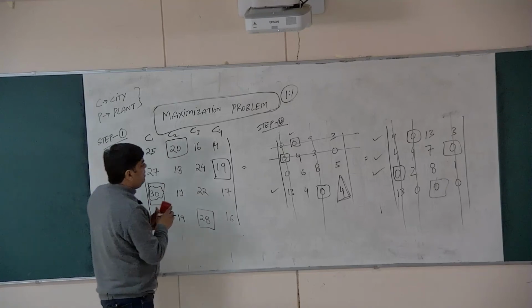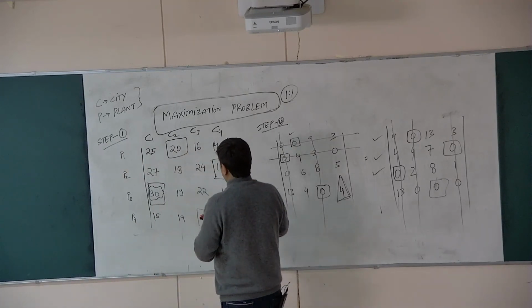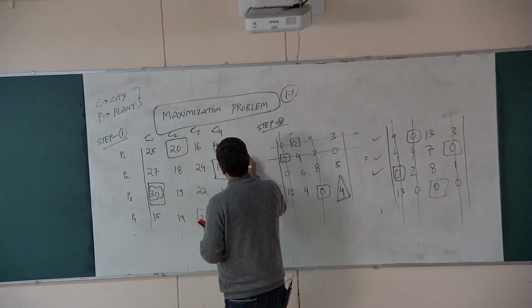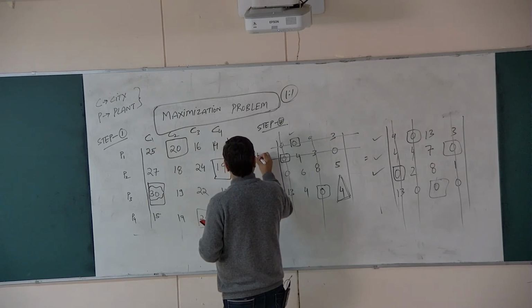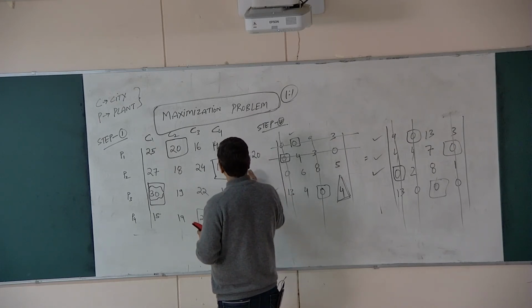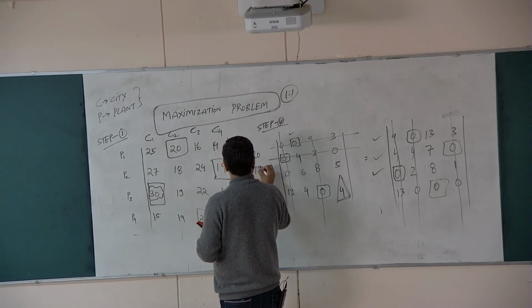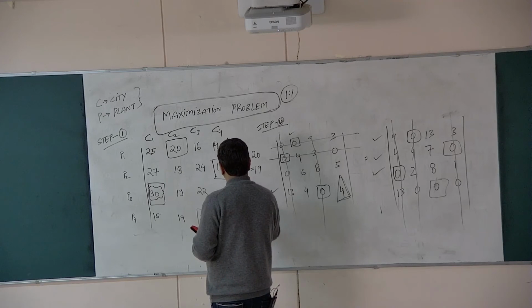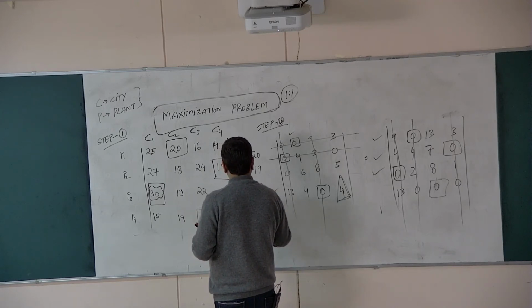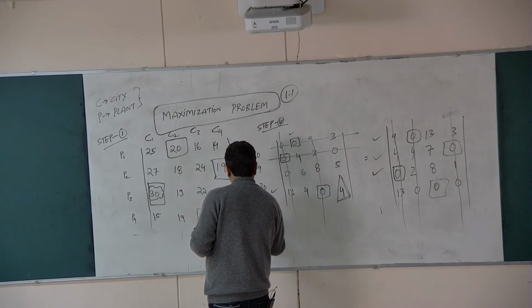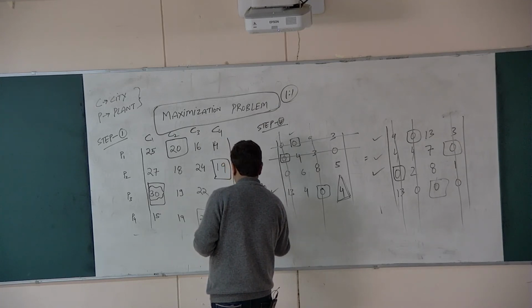So I'll write here somewhere. P1 C2 is 20, P2 C4 is 19, P3 C1 is 30, P4 C3 is 28.